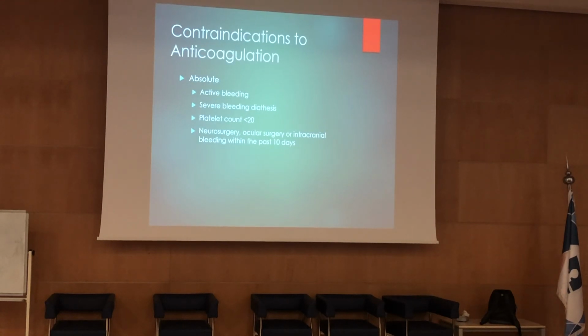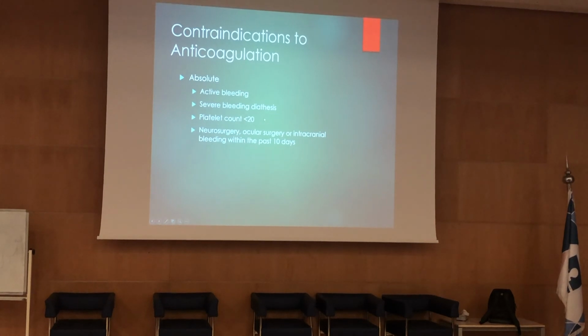Sometimes you're stuck there. You need to give him anticoagulation, but you have a contraindication. Contraindication means you cannot give him this medication. For example, a patient comes with thrombus, but he has upper GI bleeding. He's bleeding from his mouth. So we cannot give him, unfortunately.